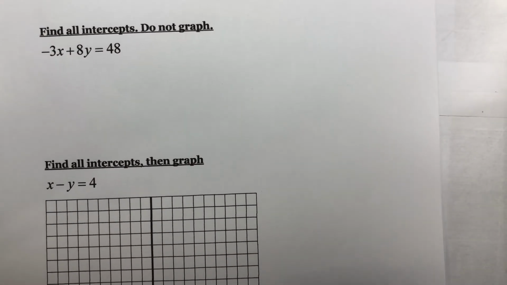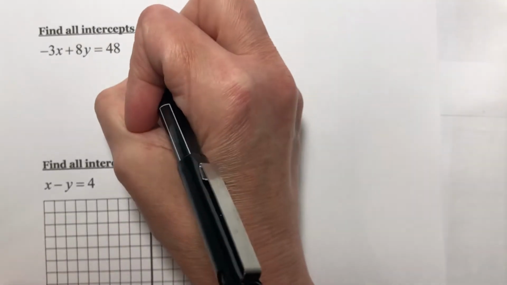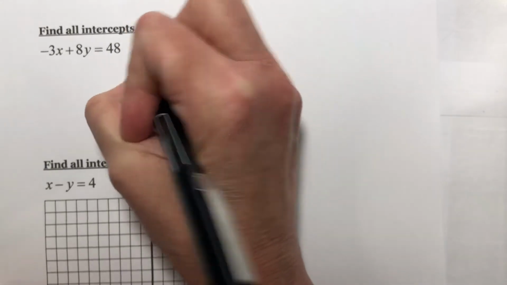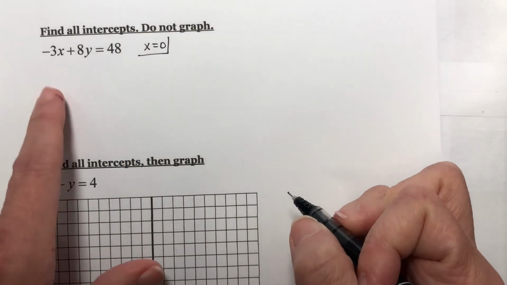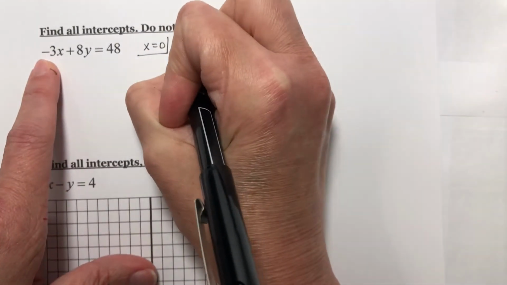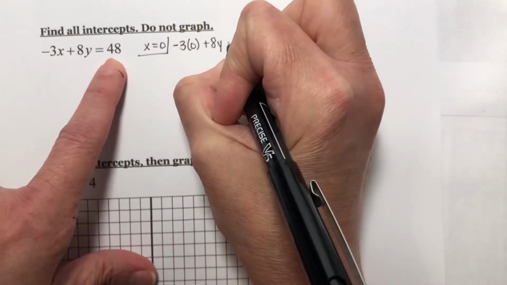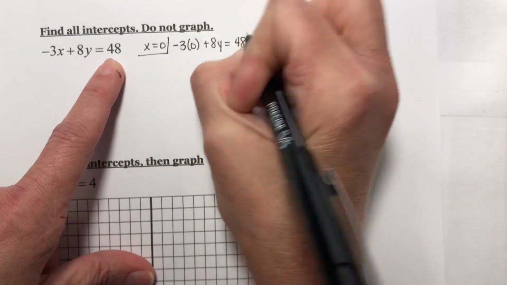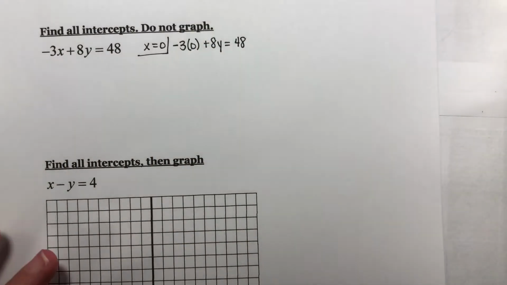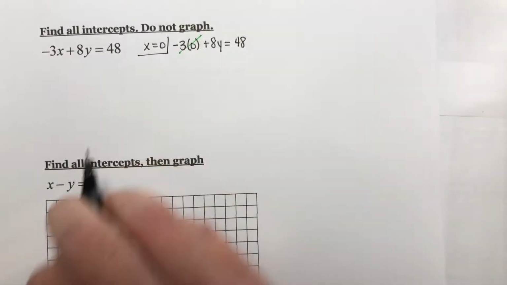To find our intercepts, we plug in x equals 0 and then y equals 0, and whatever points you get, those are your answers. So let's say x is 0. Plug that in. -3 times 0 plus 8y is equal to 48. -3 times 0 goes away.